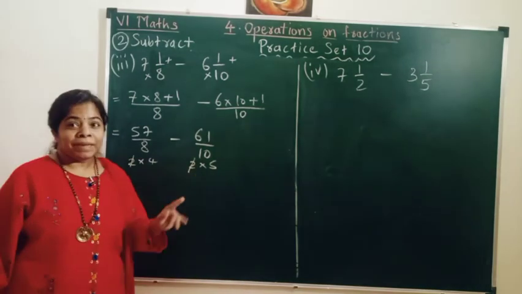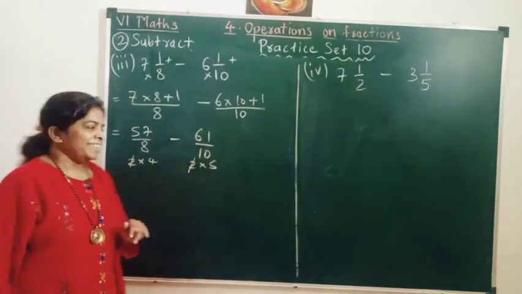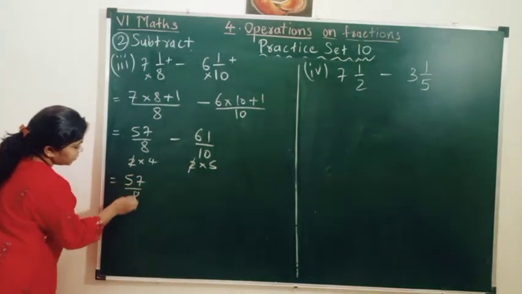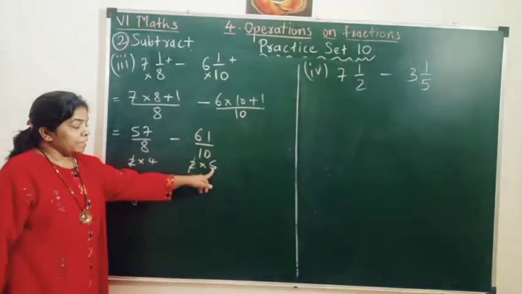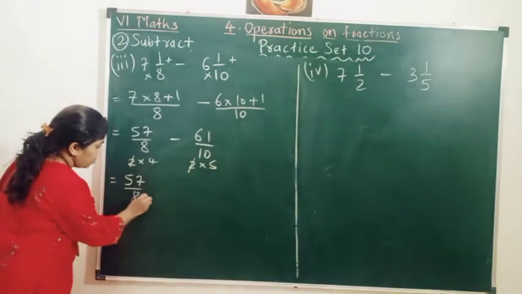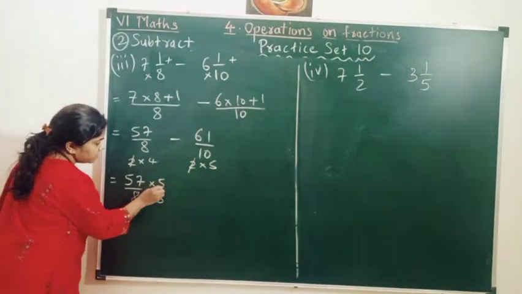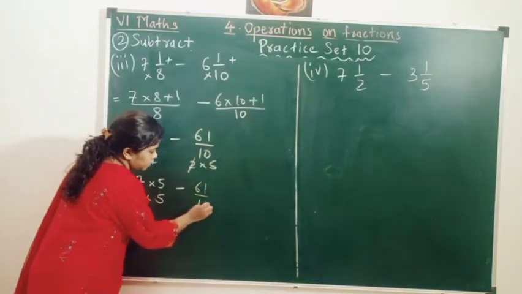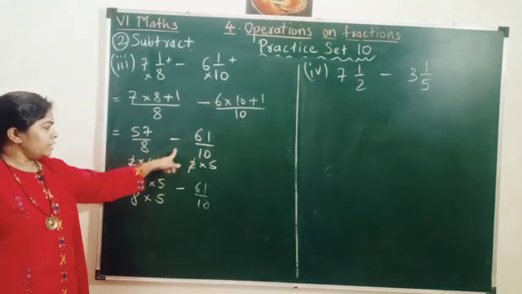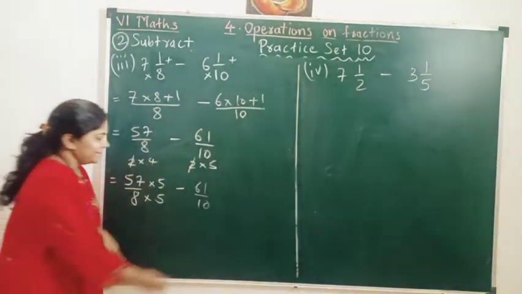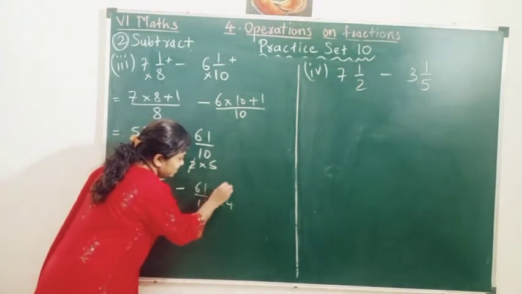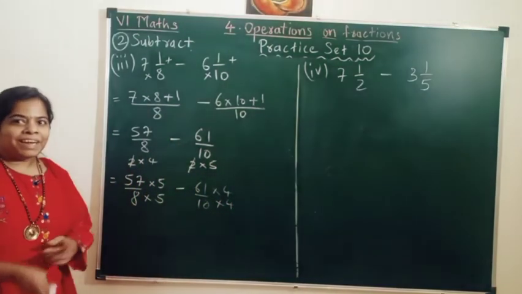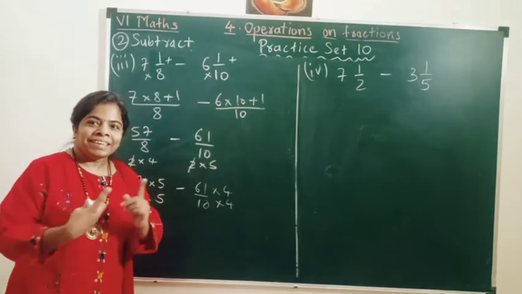But you have to do this method before only. This 57 upon 8 we will multiply with 5, children. Observe carefully. Minus, and 61 upon 10 we will multiply with 4. Okay, children? If you don't understand, pause, turn back, see it again.